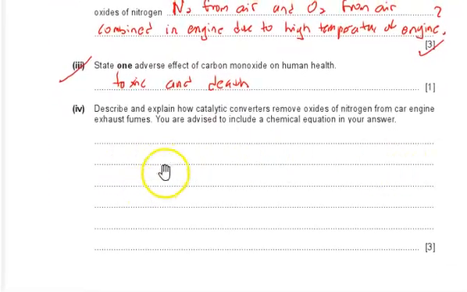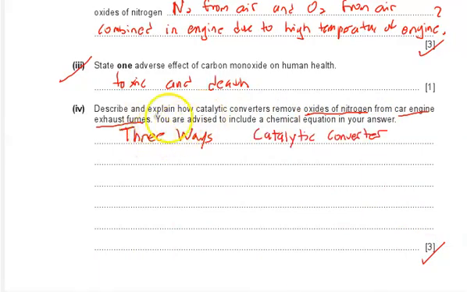Describe and explain how a catalytic converter removes oxides of nitrogen from car engine exhaust fumes. You are advised to include a chemical equation in your answer. Here we have 3 marks. For the solution, there are 3 ways this catalytic converter could save our environment. The first thing is, we have nitrogen dioxide.